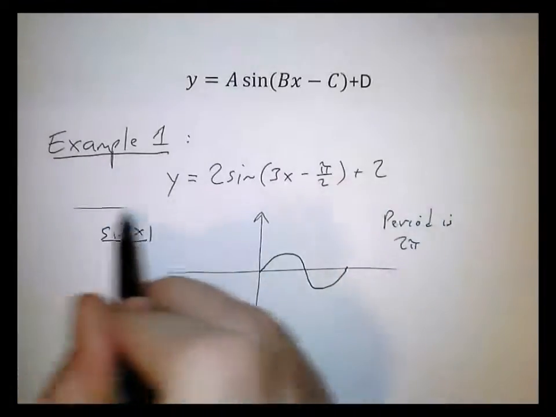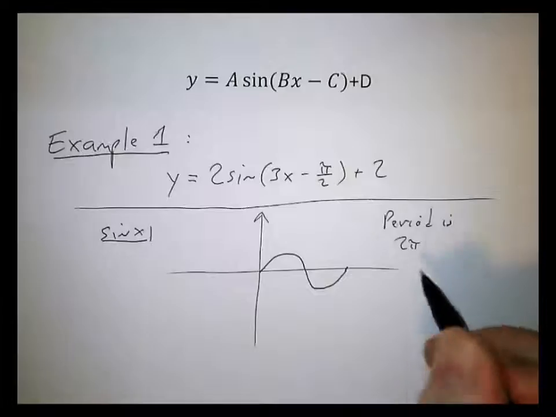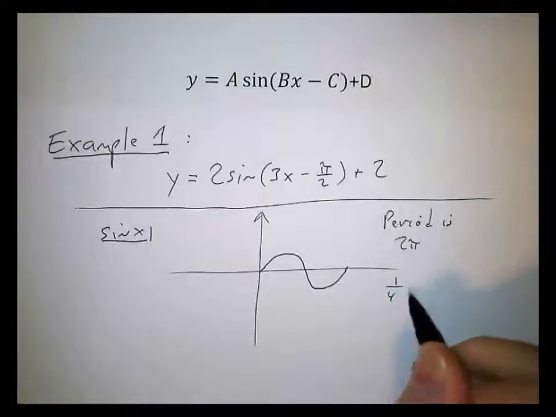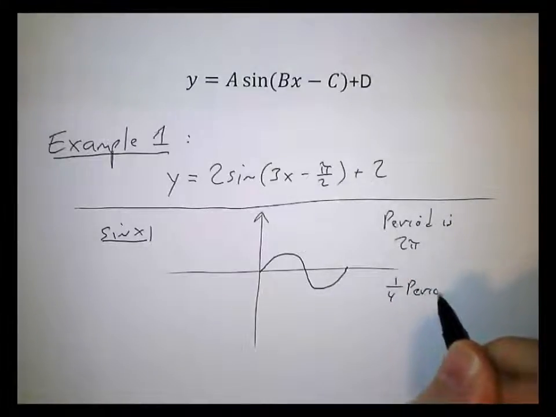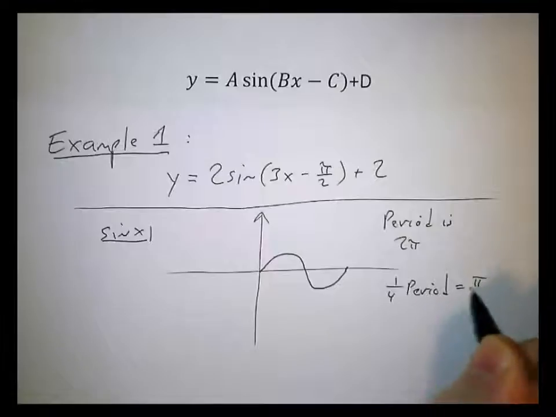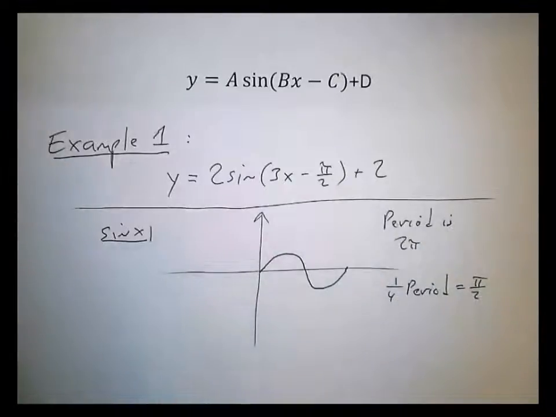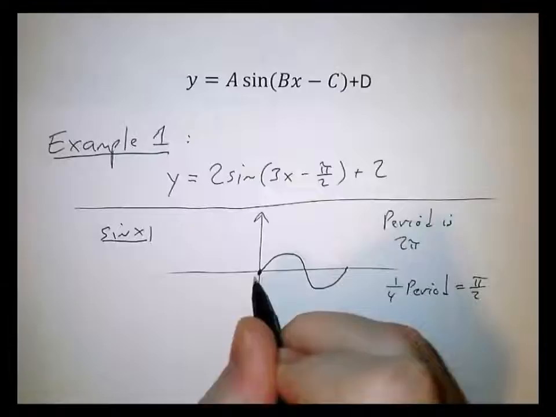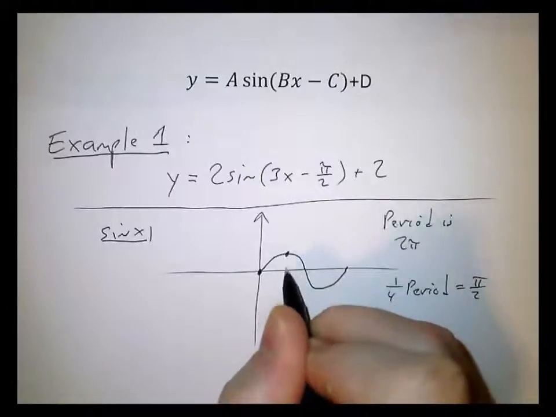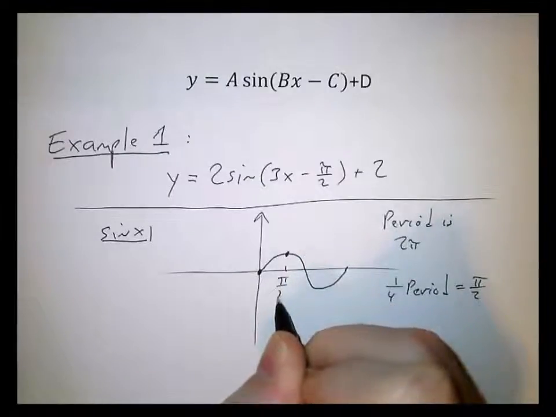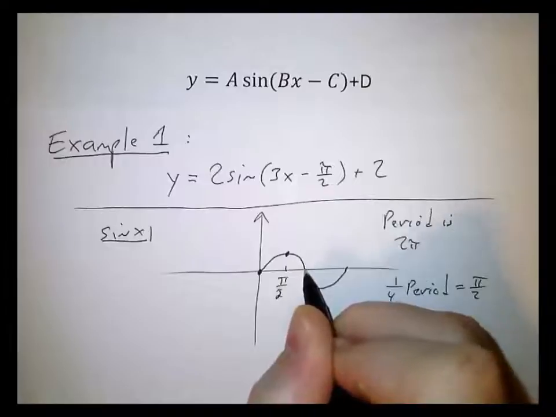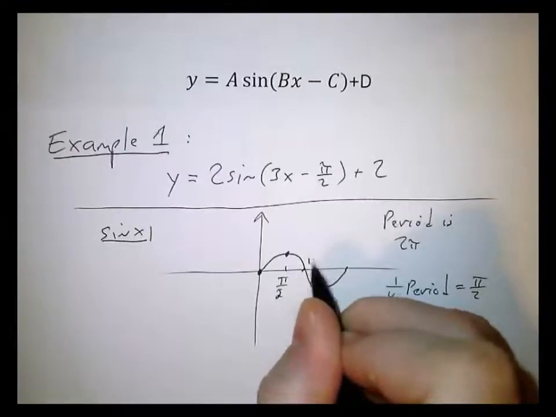So 1/4 of the period is pi over 2. And I have these points of interest. Here's 0. This is pi over 2. Here I have pi.